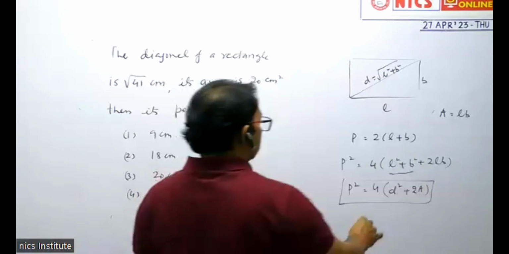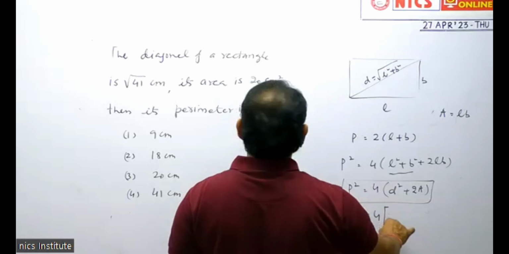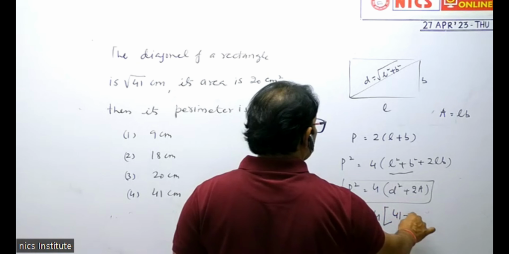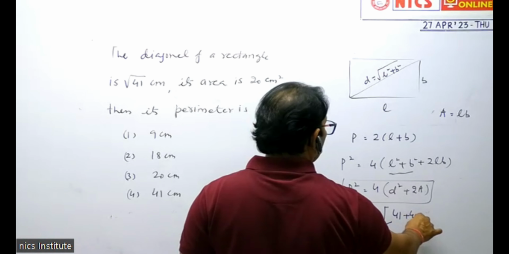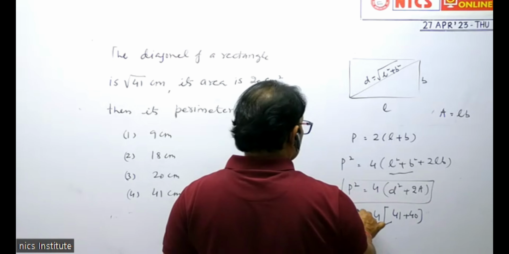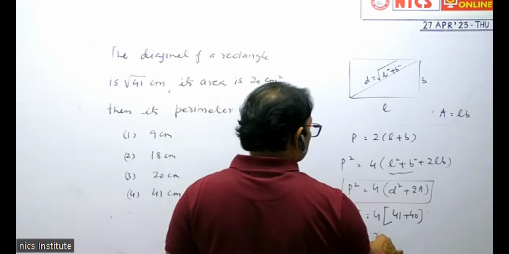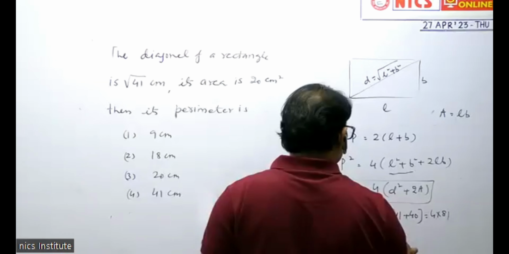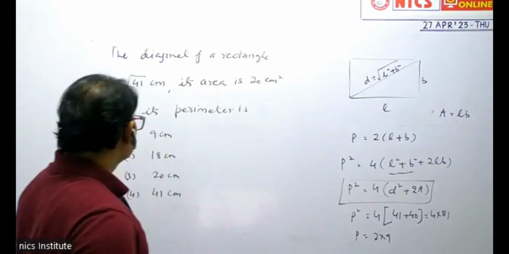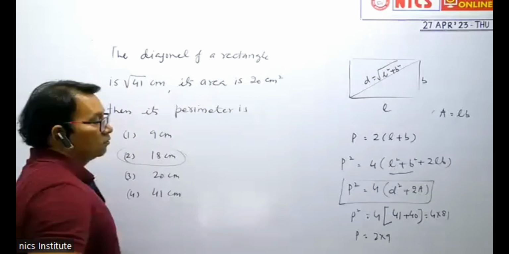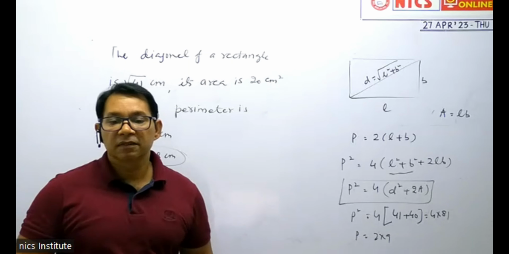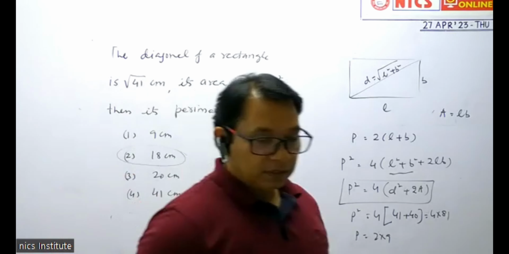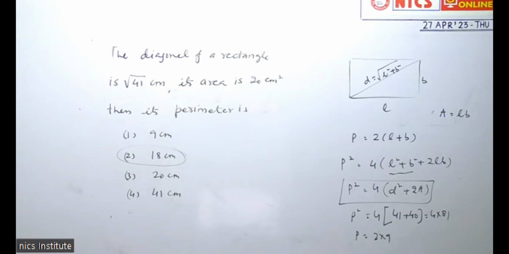So P square is 4 into the square of the diagonal, which is 41, plus twice the area, which is 40. So P square would be this. So P would be 2 into 9. The answer is 18. So sometimes remembering these results reduces your time of solving a question.